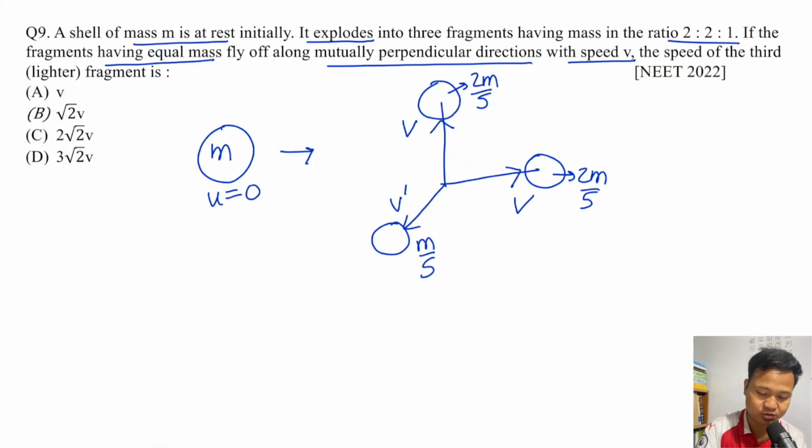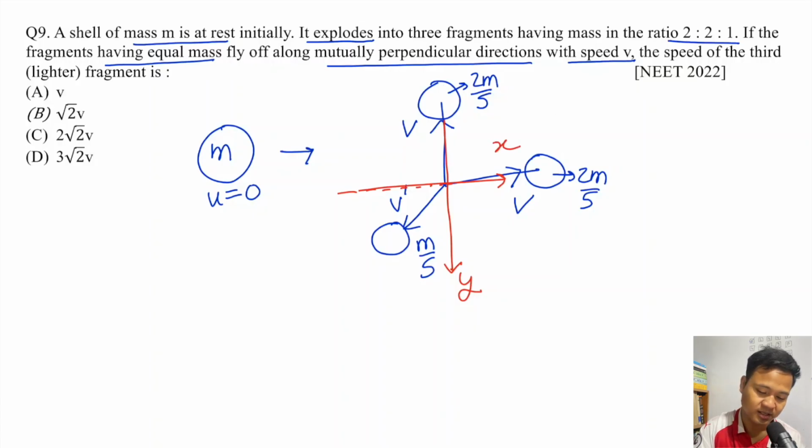Momentum is conserved along x and along y. So here let's try to conserve momentum along the x only. This is the y and this is the x.